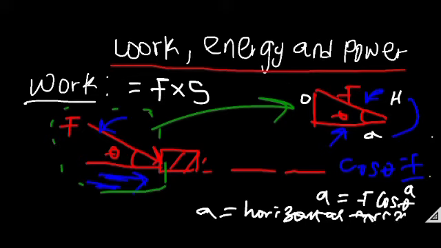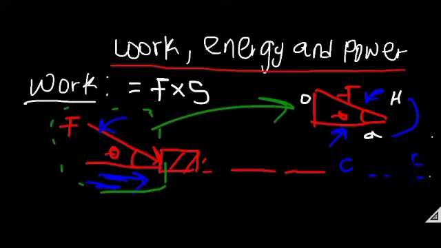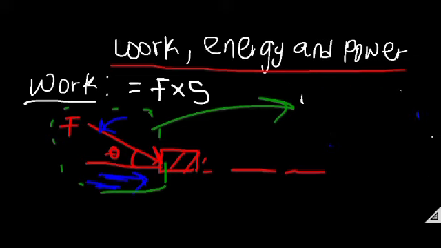So when we resolve a force to the horizontal, the effect is equal to the force times cos theta of the angle. Which means that when a force is inclined, the effective force is F cos theta.